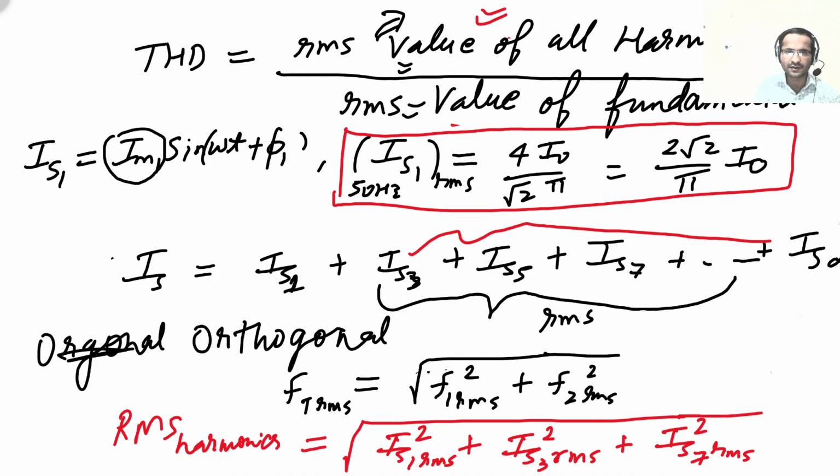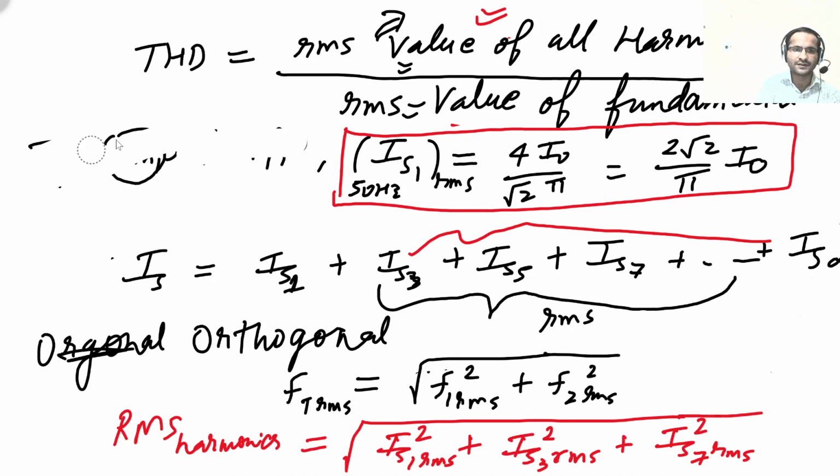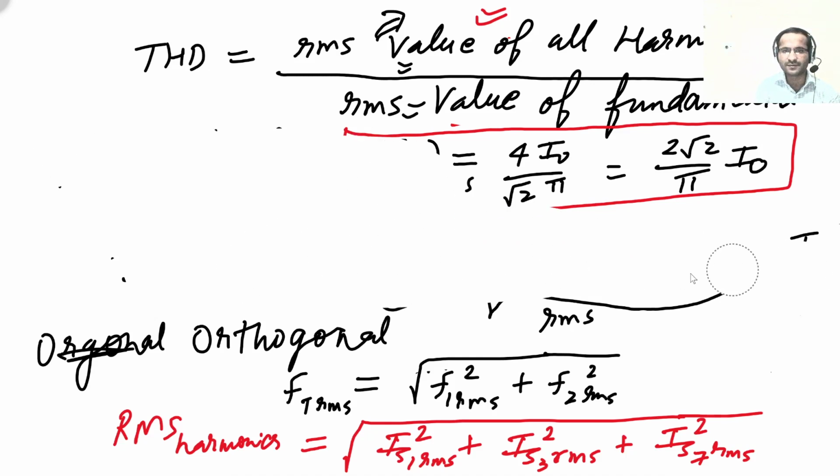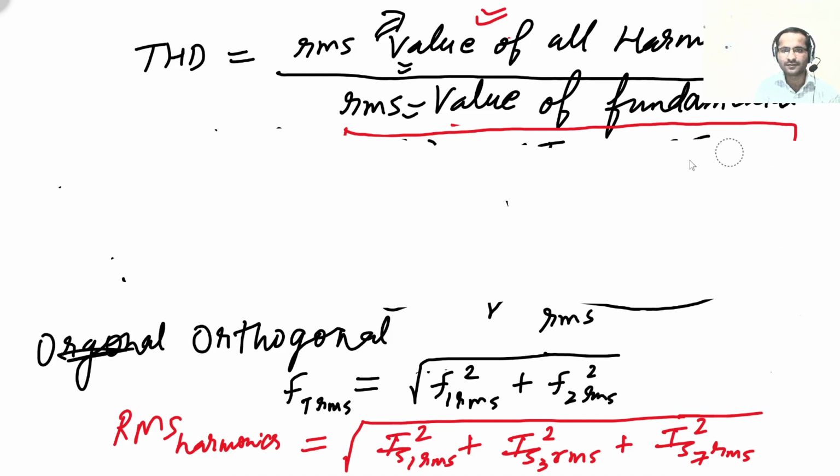This is how we calculate the RMS value of all these components, right? Now this is also unknown to us because we will not go till infinity and find all the RMS values.